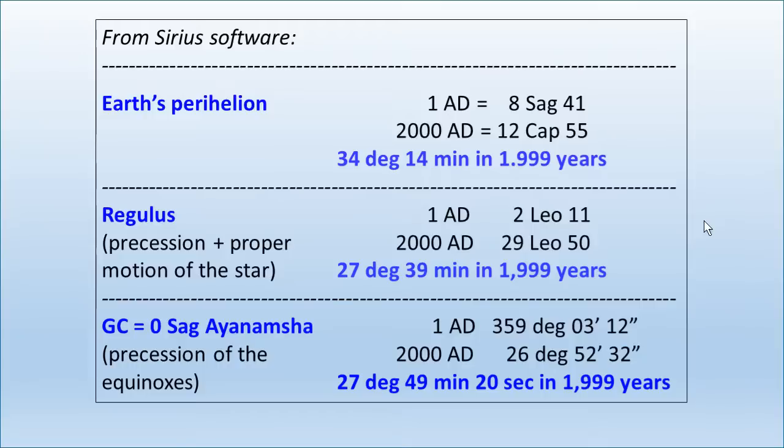But over 999 years, the galactic center has moved 10 minutes more than Regulus. That means that the galactic center is moving faster than Regulus. If we think of the galactic center as the stationary point, center of the solar system, Regulus has moved retrograde 10 minutes. So Regulus has a retrograde motion.